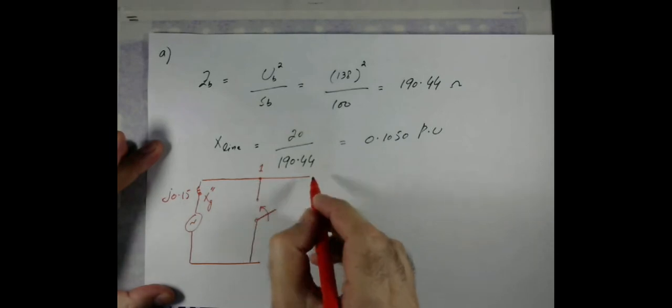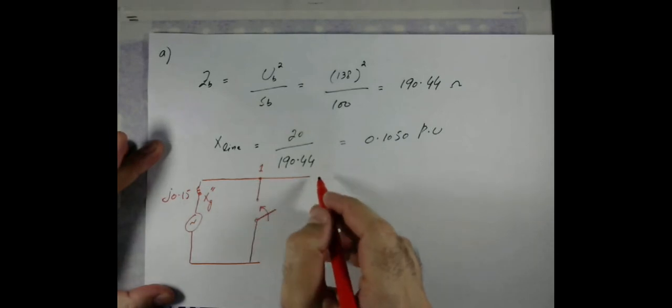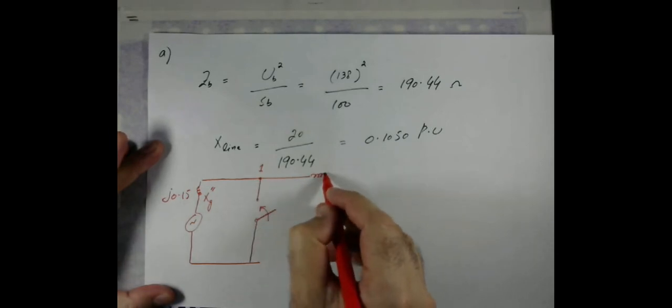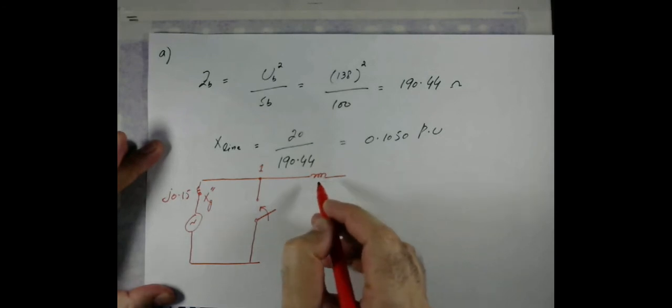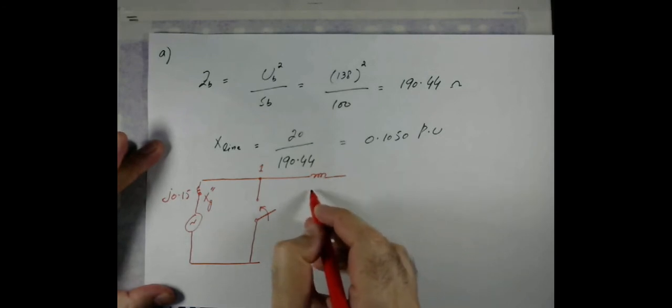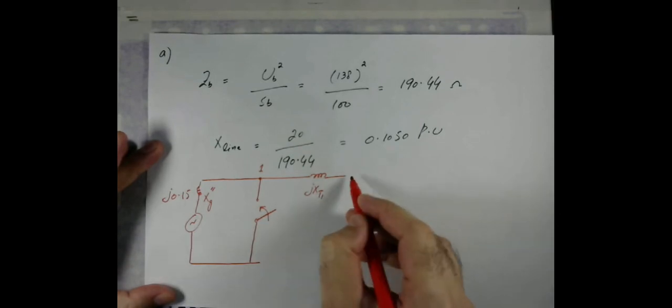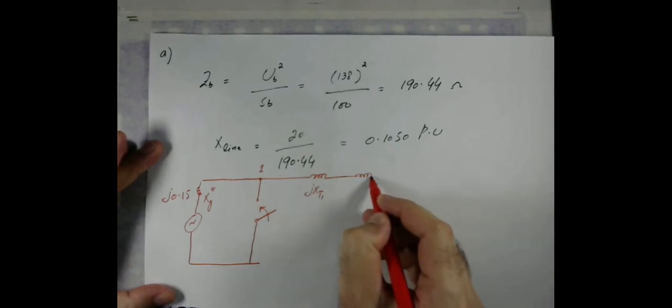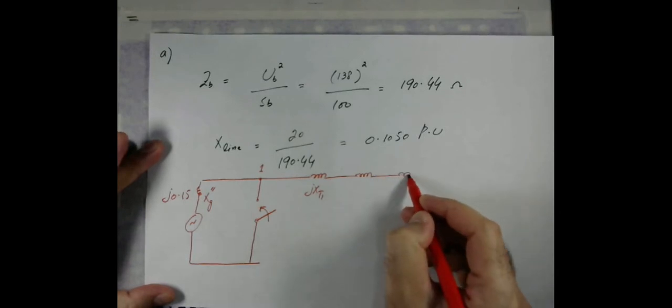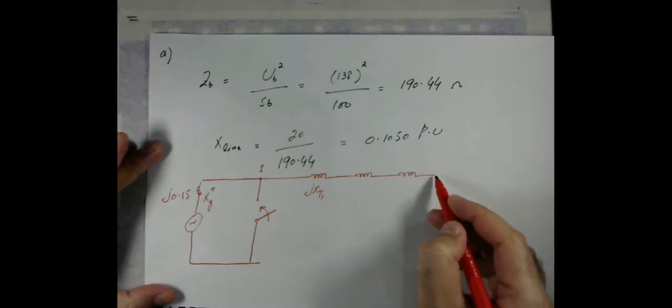This is JXT1, which is transformer 1. Then we have a transmission line, and then we have another transformer, and then we have bus number 2 here.